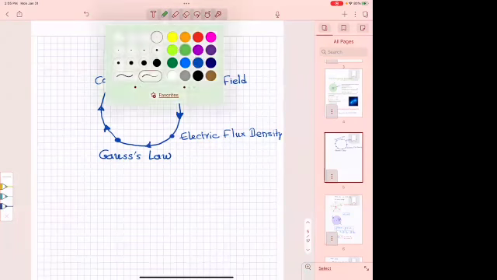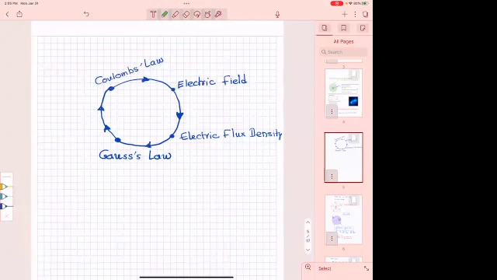All right, let me do this. I start from here. You go to Gauss's law. You can go to the electric flux density. You can go to the electric field. And then you can go back and find Coulomb's law.